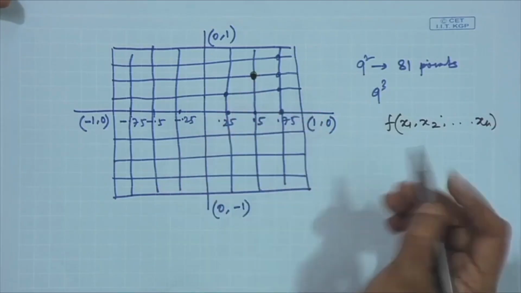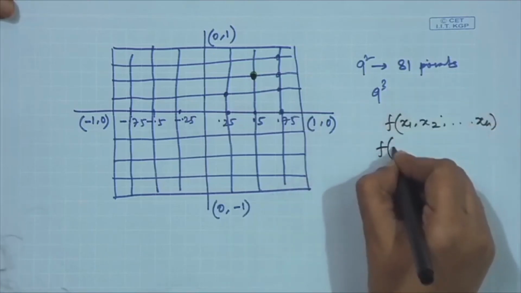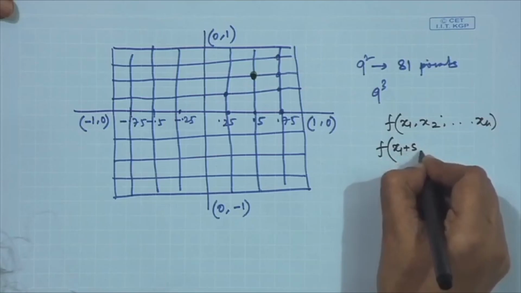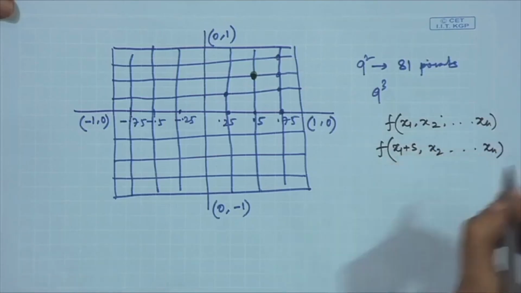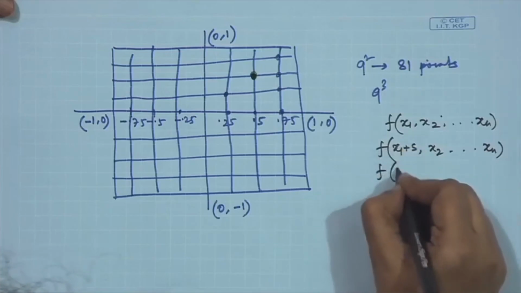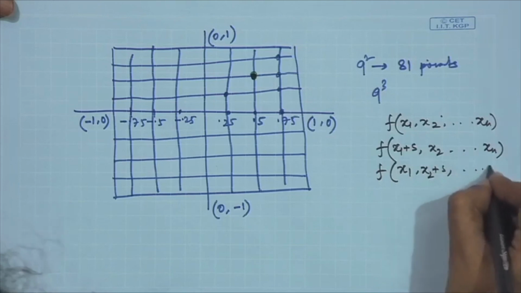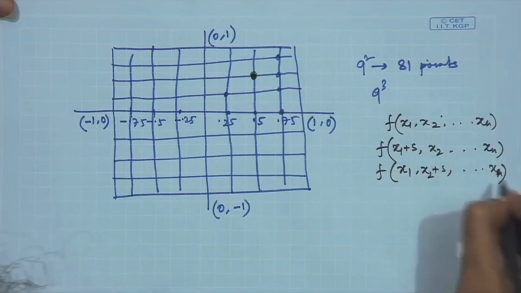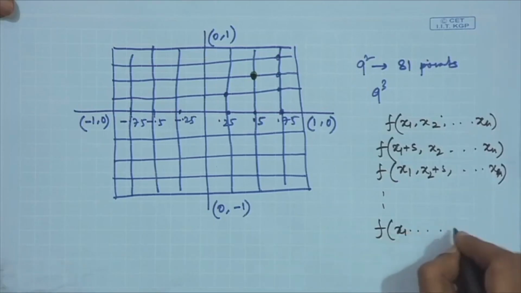Okay. What the grid walk technique tells us is that you just take a small shift of x1 only, keeping the others constant, find the functional value, then take the same small shift of x2, take the functional value. In this way you proceed for n number of values.